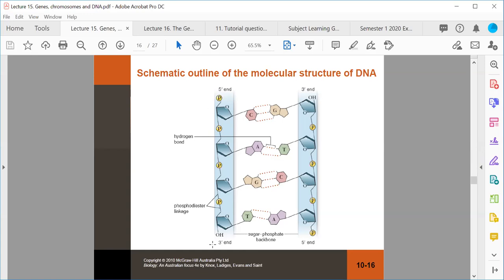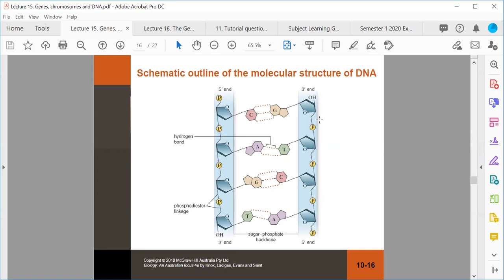And then if we go to the other end of that strand, it's known as the 3' end of this particular strand of DNA, and that 3' end is referring to this hydroxyl group, this OH group found on this particular sugar. And we call that a free hydroxyl group because it's available to bond to other species.